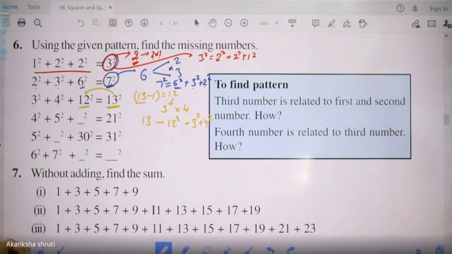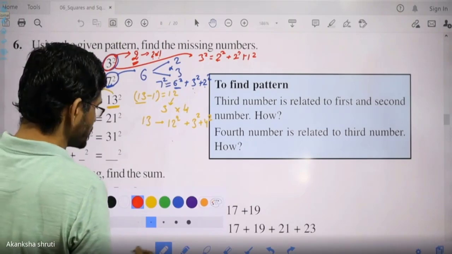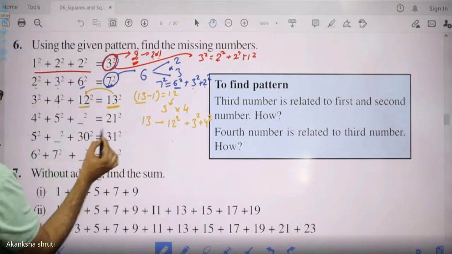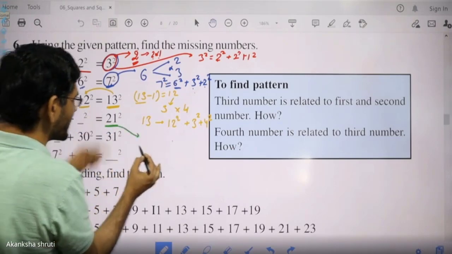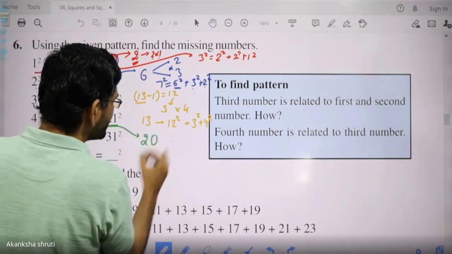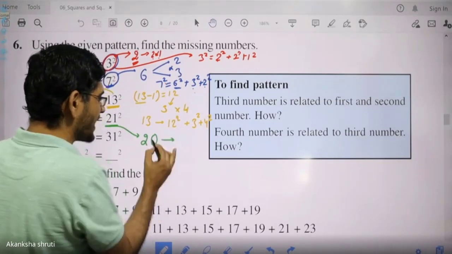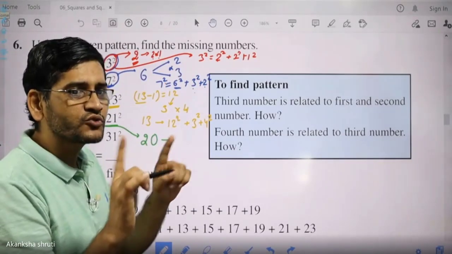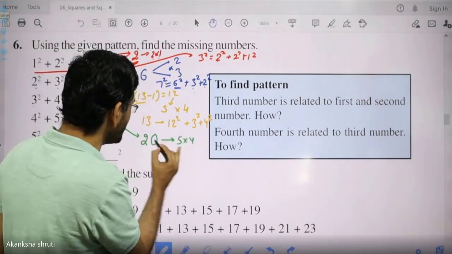In a similar fashion, student, we need to write for this 21. For this 21, what do we need to take? Take the number before 21. It will be 20. Break or write this 20 as the product of two continuous numbers. It could be 5 fours are 20.